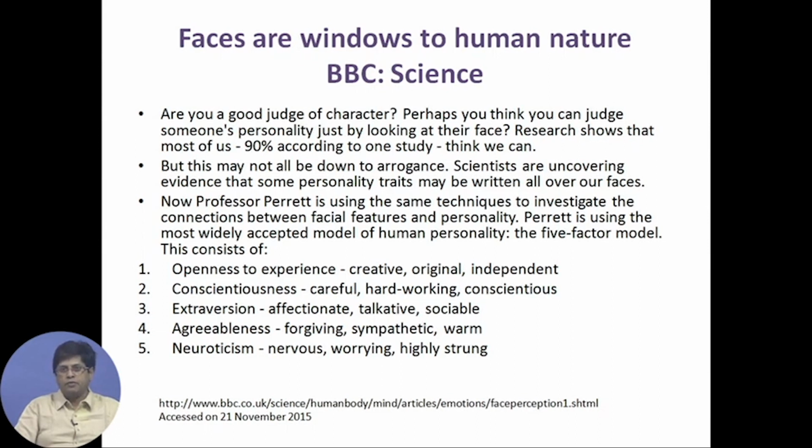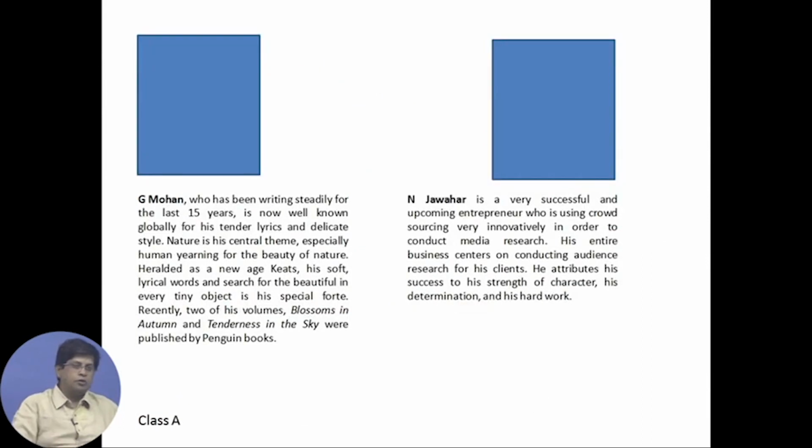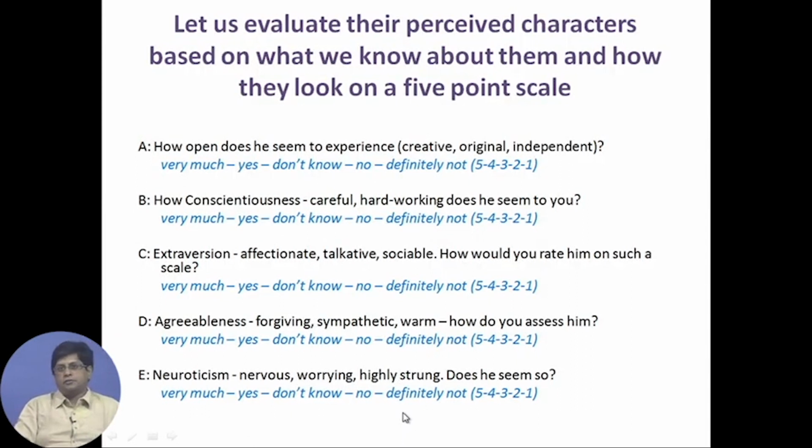As you realize, the questions were divided into two components. One group of people were given one set of questions, another group of people were given another set of questions, and you saw a specific image over here and a specific image over here, one group. The images were reversed for the other group, and we took the responses to a basic 5-dimensional personality test, known as the Big 5 personality test.